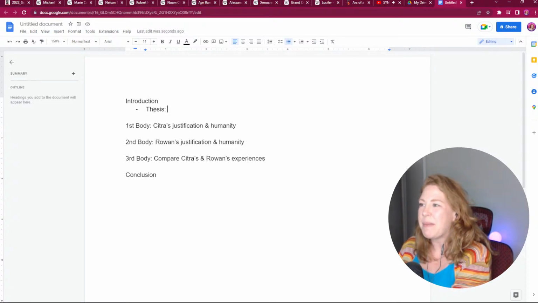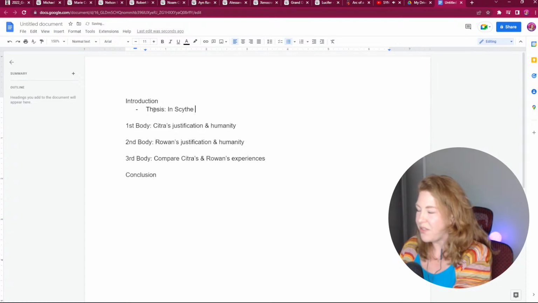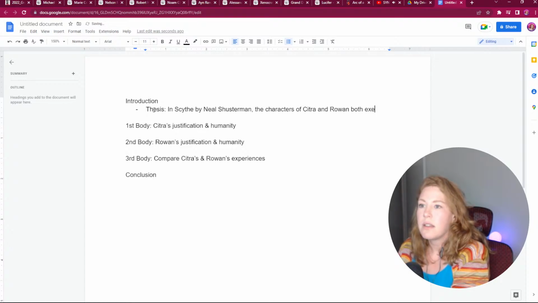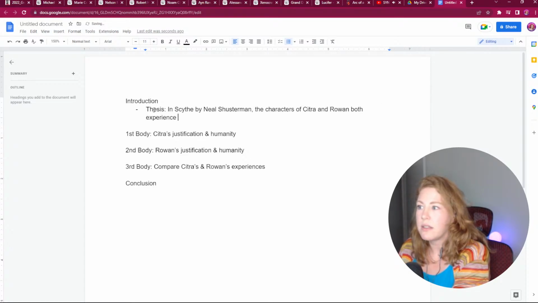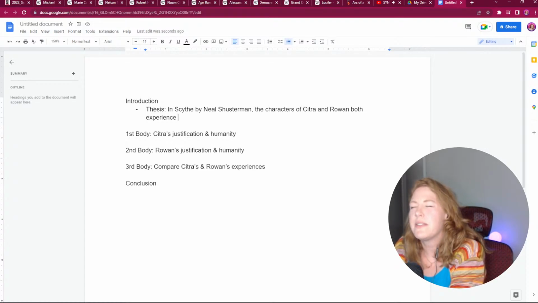Okay, so my thesis statement might be, if I'm going to compare and contrast Citra and Rowan, I might say, in Scythe, to specify, by Neal Shusterman, the characters of Citra and Rowan both experience killing other people.